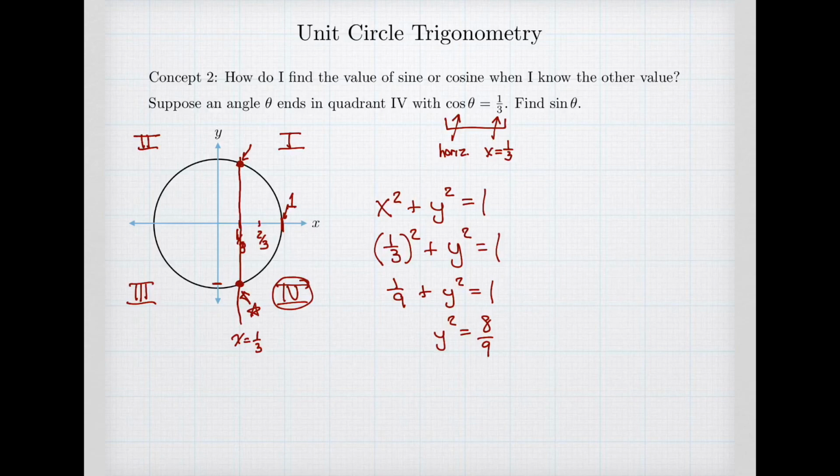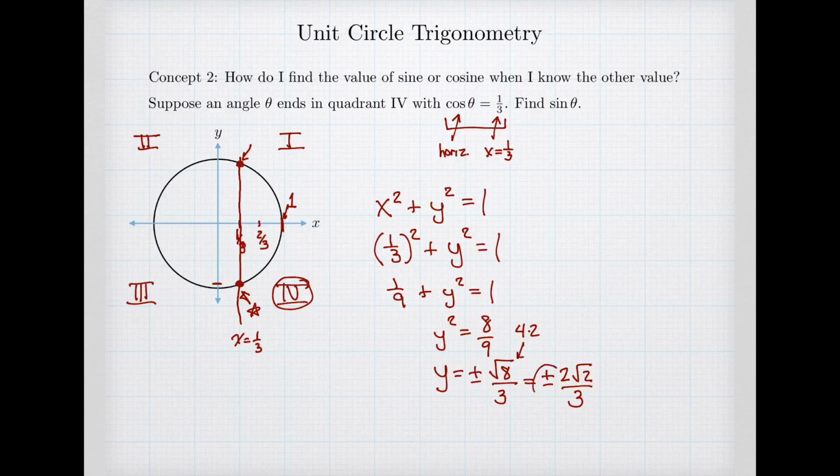When I finish solving for y, I find y is plus or minus, it's quadratic, square root of 8 over the square root of 9, and the square root of 9 is 3. We often recognize that 8 is 4 times 2. 4 is a perfect square, and its square root is 2. So this is usually written as plus or minus 2 square root 2 over 3.